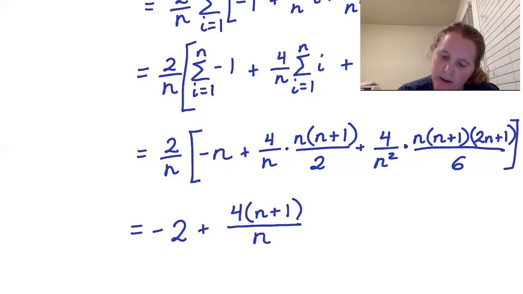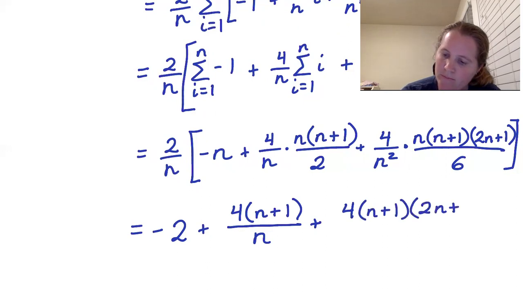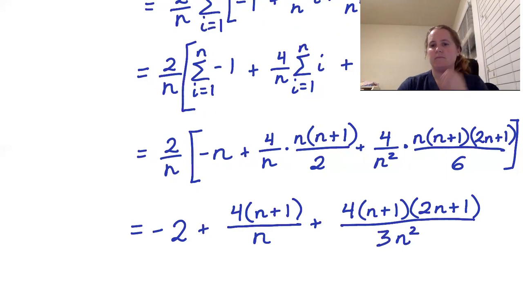And then we'd have plus 4 times n plus 1 times 2n plus 1 all over 3 times n squared. We would have had 8/6, and then I cancel out 2.